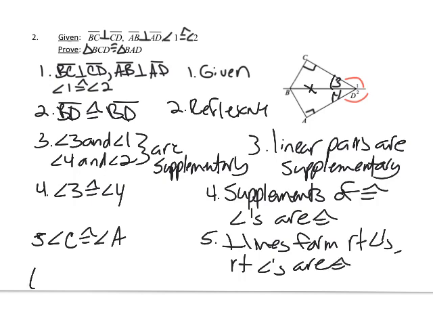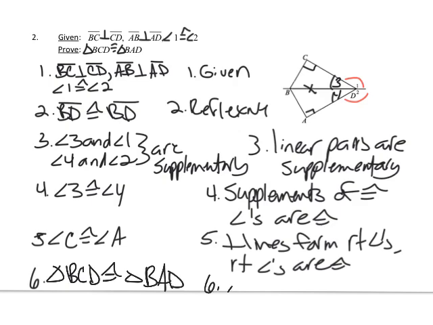That's enough for me to say that the triangles are congruent because I have side angle or angle angle side here. So I can say that triangle BCD is congruent to triangle BAD, and that's because angle angle side is congruent to angle angle side.